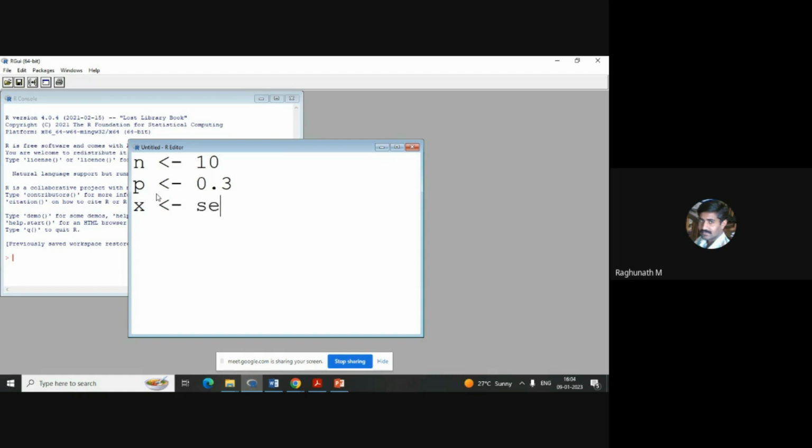I need 0, 1 up to n. Here there are only 10 values, so I can simply type c, open the bracket, 0, 1 up to 10. But if I don't know the upper limit n, you can use the sequence function, seq of 0 comma n.